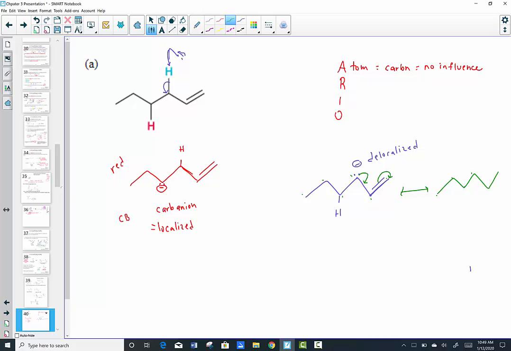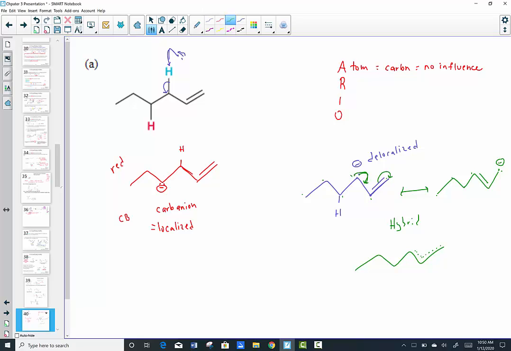So this is resonance stabilized. We are moving the double bond across a series of atoms. And remember, it's not one structure or the other. It's not flipping back and forth. It truly is delocalized, where you can think of that being evenly distributed between all of the atoms there. And a further distribution of electron charge through multiple atoms helps to create stability. So this guy is the more acidic proton.